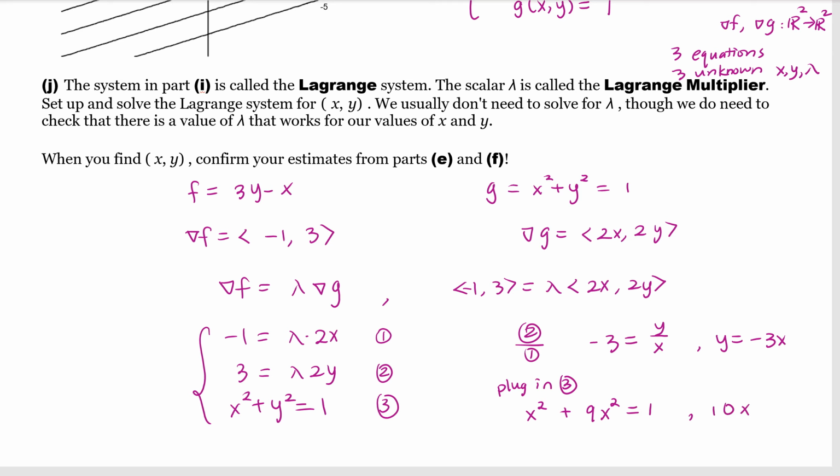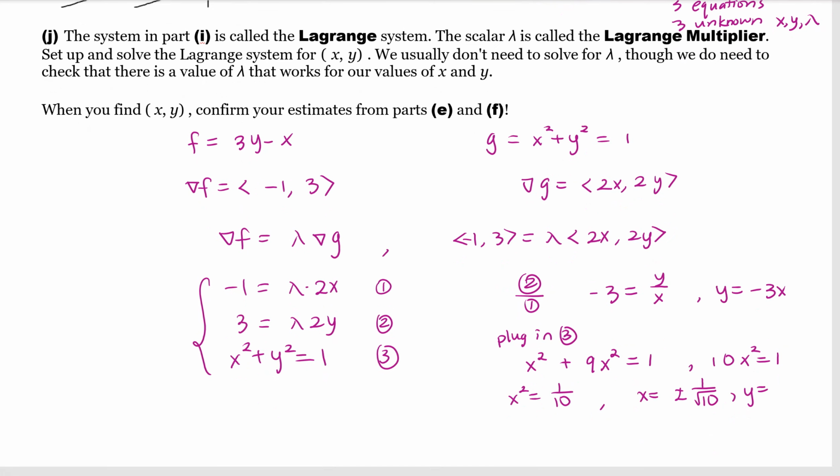So 10x squared equals 1, x squared equals 1 over 10, x equals plus or minus 1 over square root of 10. And then y will be negative 3 times x. So it was plus minus, then the y will be minus plus 3 over square root of 10. Because of this negative, they're of different sign.